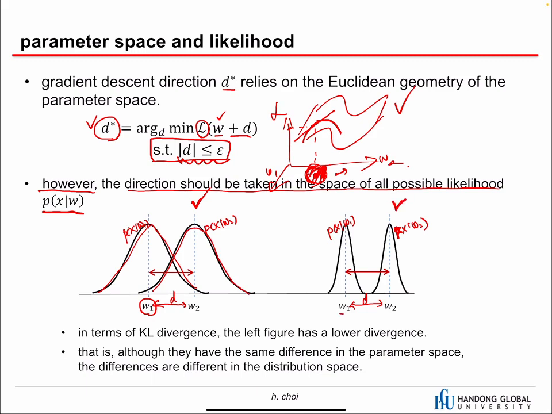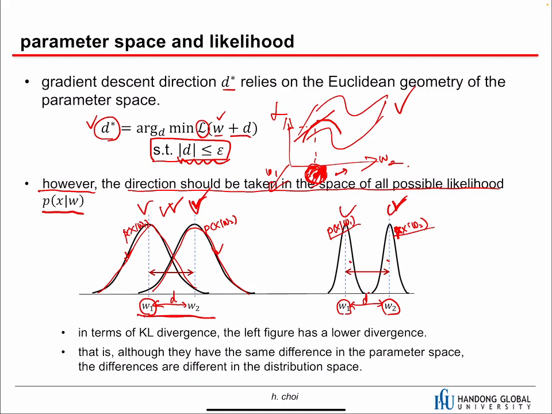Even though the distance between these two parameters is the same as this one, when we calculate the KL divergence between these two distributions, this divergence is much larger. So even when the distance between two parameters is the same, the divergence between the two distributions might be quite different.